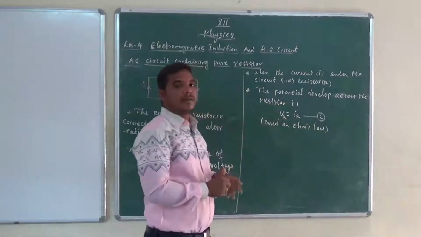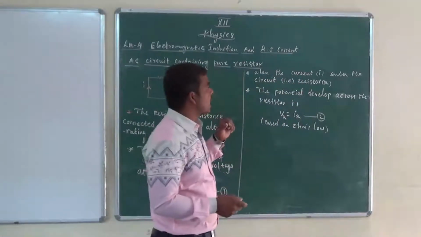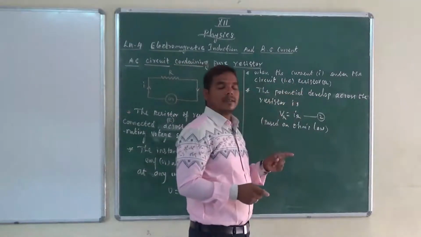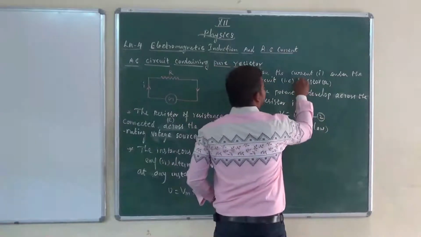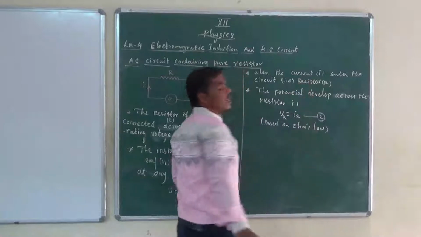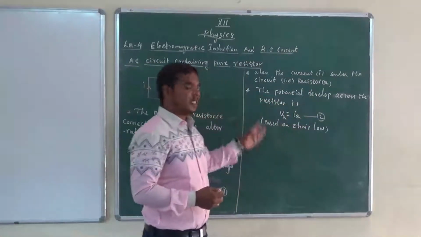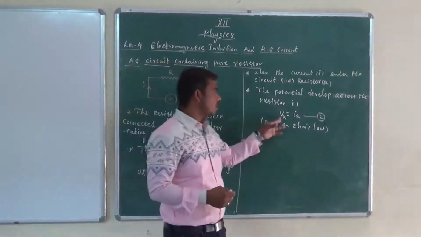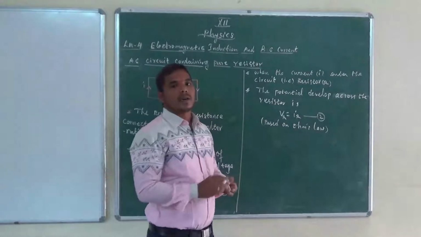Why is the potential developed? Because when alternating current enters the circuit consisting of a resistor, through the resistor, the potential is developed across the resistor. We can write the equation VR equals IR. Consider this equation number 2.